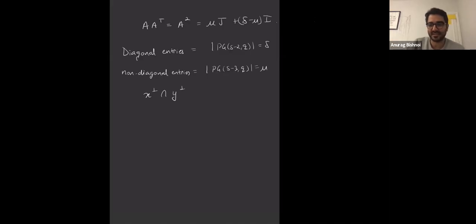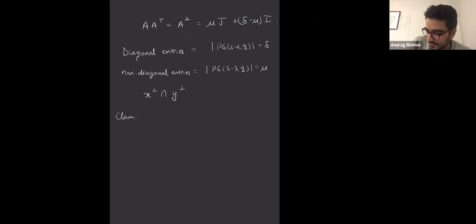So this looks very nice, right? Now we are in business. We know a really nice relation for A squared. So hopefully this will help us compute the eigenvalues of A. So that's the idea.